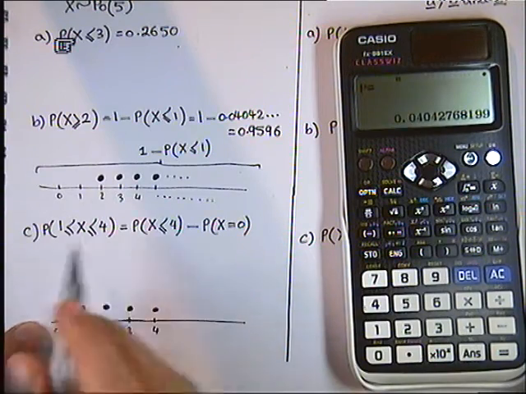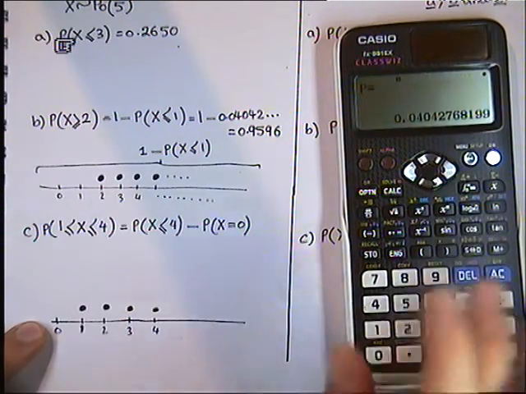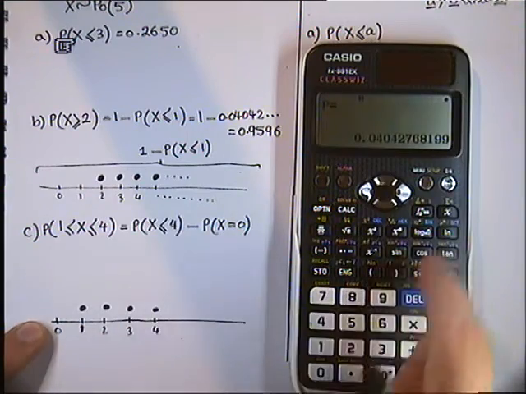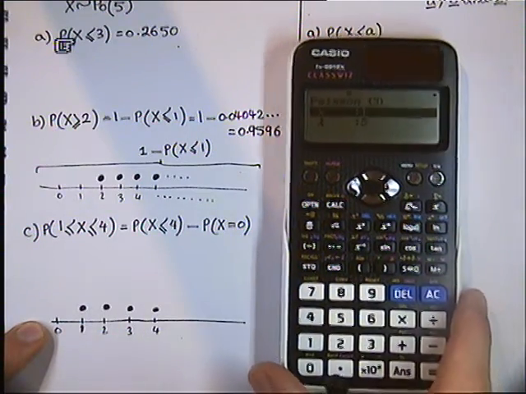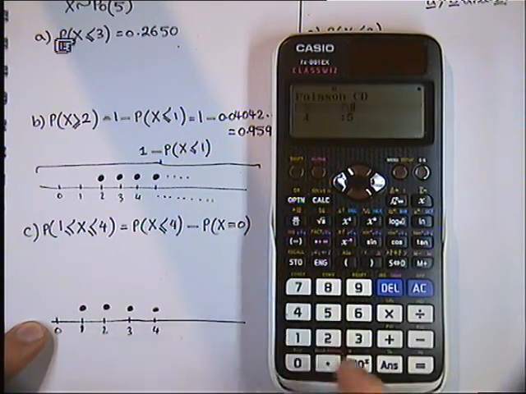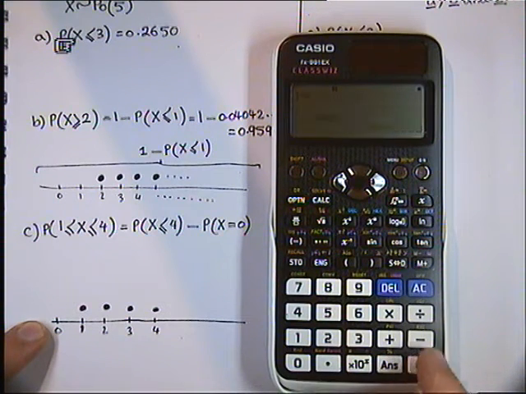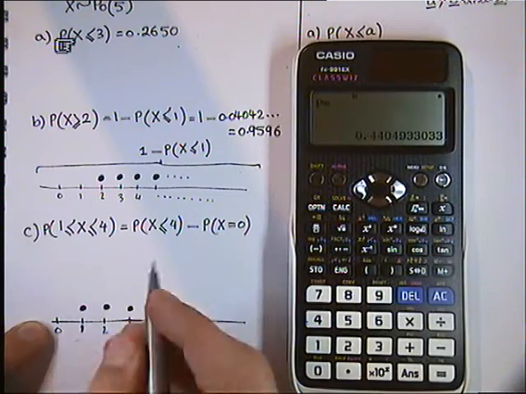Then it will give me probability of x between 1 and 4. So let's calculate less than or equal to 4, and lambda is the same lambda because it's the same question.